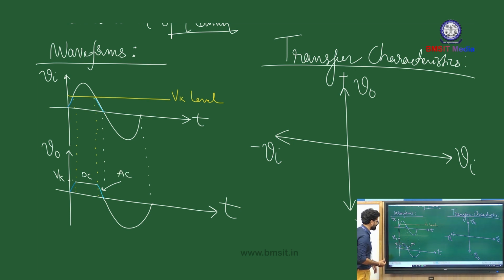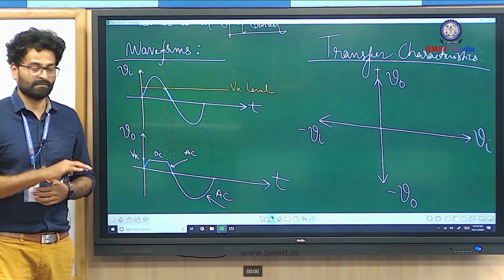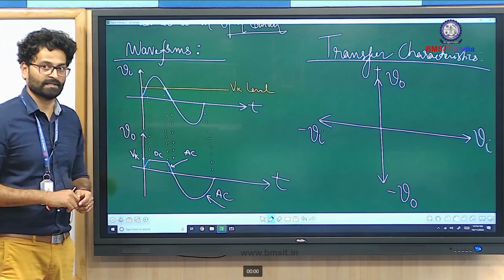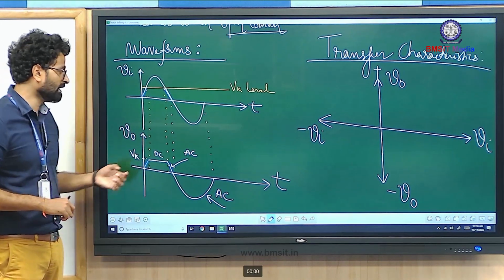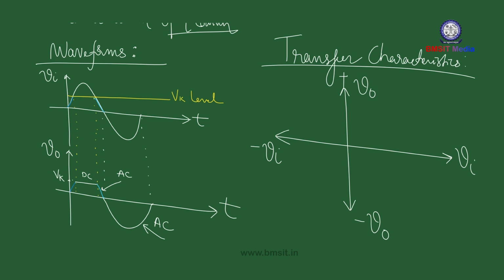So this is for the positive half cycle. And for the negative half cycle, you have only one waveform, which is AC in nature. In the previous class, as I mentioned, whenever you have a DC signal, you're going to have a line parallel to the x-axis in your transfer characteristics. On the other hand, whenever you have an AC signal, you're going to have an inclined line with an angle of 45 degrees.